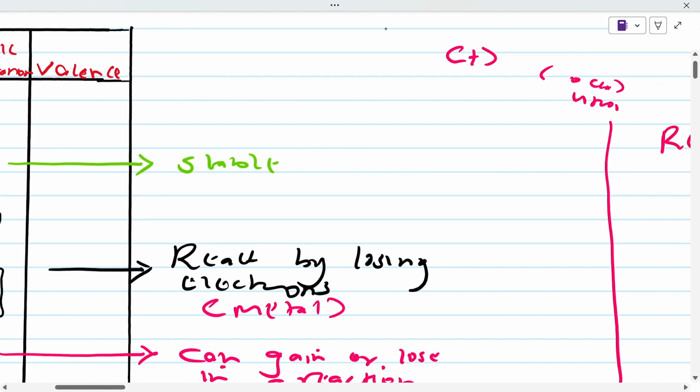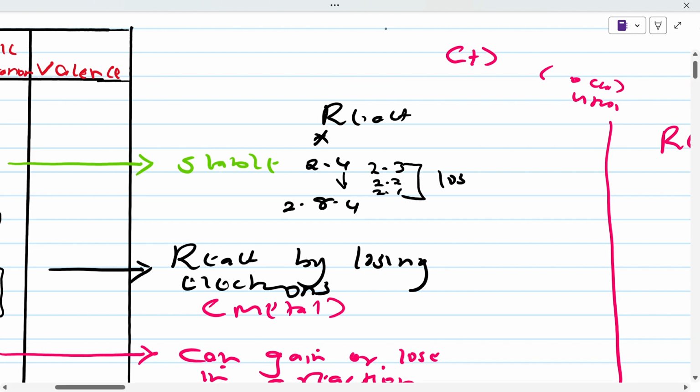For an element to react, that given element is reacting because if the bridge is 2-4 and 2-8-4, any that is below this, meaning I'm talking about 2-3, 2-2, and 2-1, these elements will tend to lose electrons because the energy required to gain is too much.